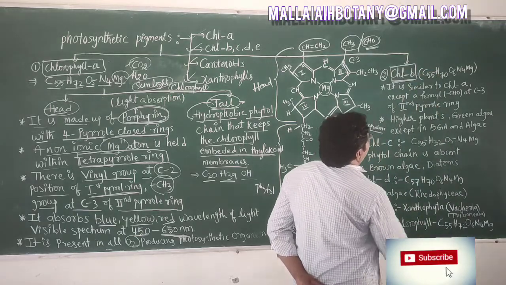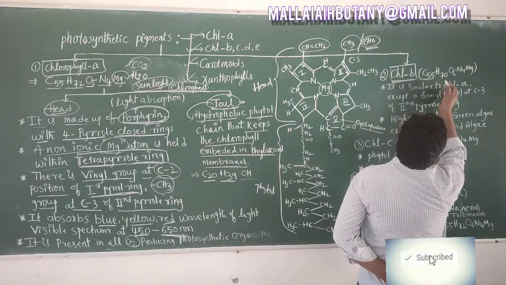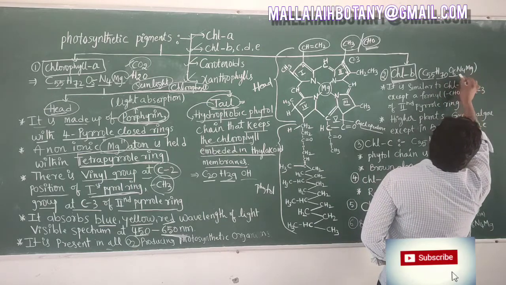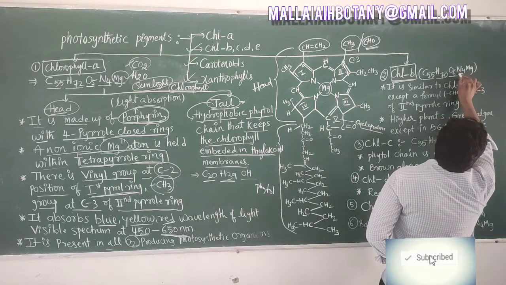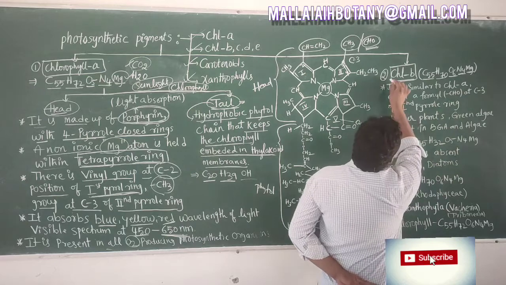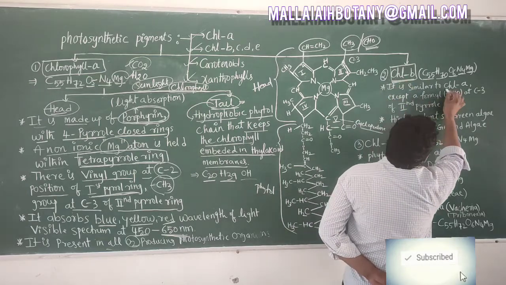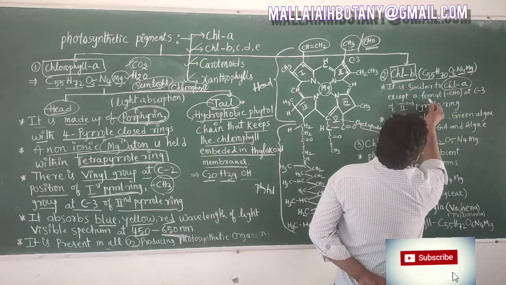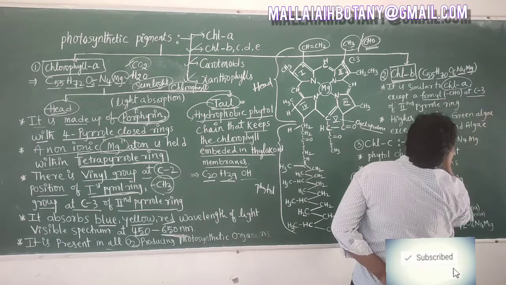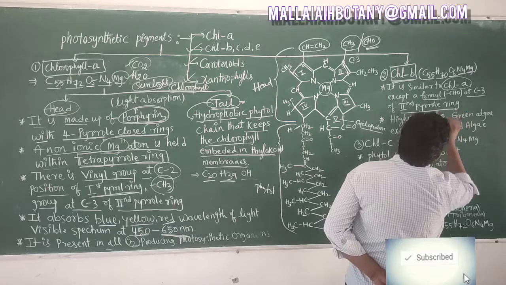What is the chemical formula of chlorophyll B? C55 H70 O6 N4 Mg. Chlorophyll B is similar to chlorophyll A, except for an acetaldehyde or formyl group at carbon 3 of the second pyrrole ring.